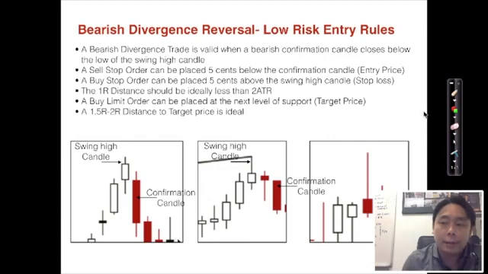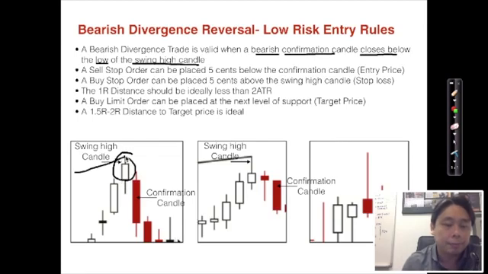So once again, a bearish divergence is valid when you have a bearish confirmation candle, like I said early on, that closes below the low of the swing high candle. So this is your swing high candle. That's the highest high where you have connected the line.